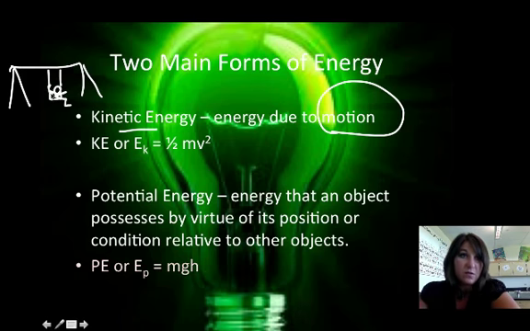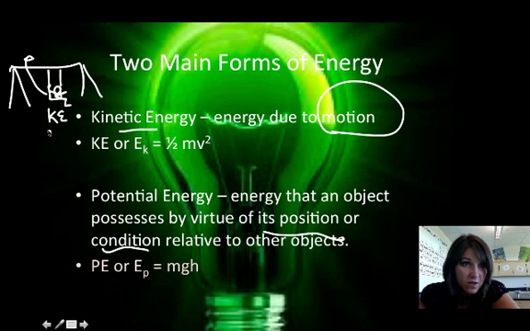Hold on. So when we're up here, we have high potential energy due to the position or condition relative to the ground, right? And then down here at the bottom of the swing is when we're going the fastest, so we have maximum kinetic energy here. And then we go back up to the highest height, and that's where potential energy is at its greatest. And of course that makes it go back down and pick up speed again.